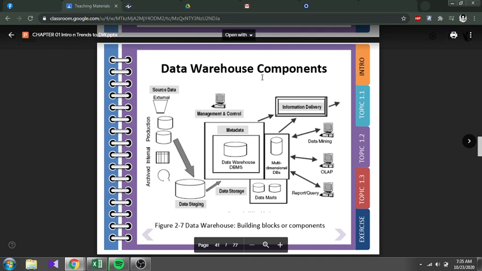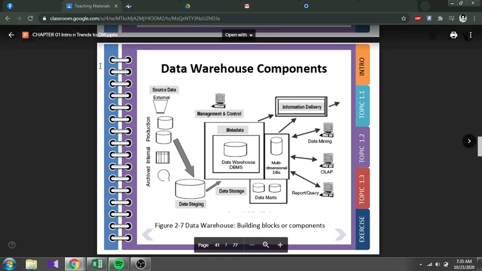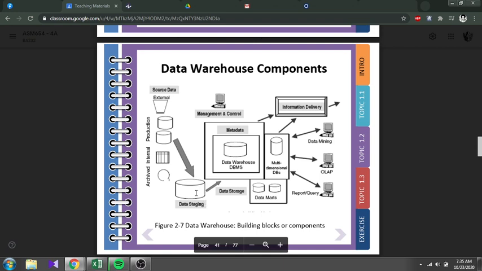And then they go to the data warehouse components. Okay, these are the building blocks or components in the data warehouse. Of course we have the source of data, simpan dalam data stage, go to the data storage. Storage ni is a data warehouse. Okay, they become metadata. So maybe ada multi-dimensional database, attached to this big warehouse database.